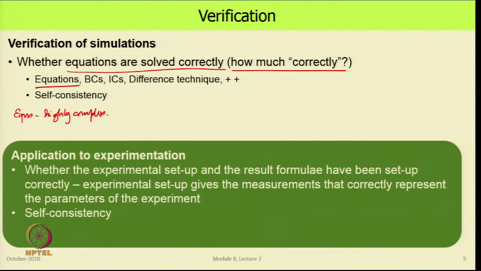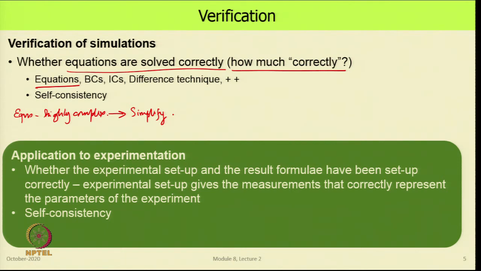Analytical solutions are virtually impossible. Even if you want to solve the equations in full as they are, it requires a lot of computing power. Most of the time we do not have that, and even then we do not get the answer in the full form the way we want. What we do is we take these complex equations and simplify them.